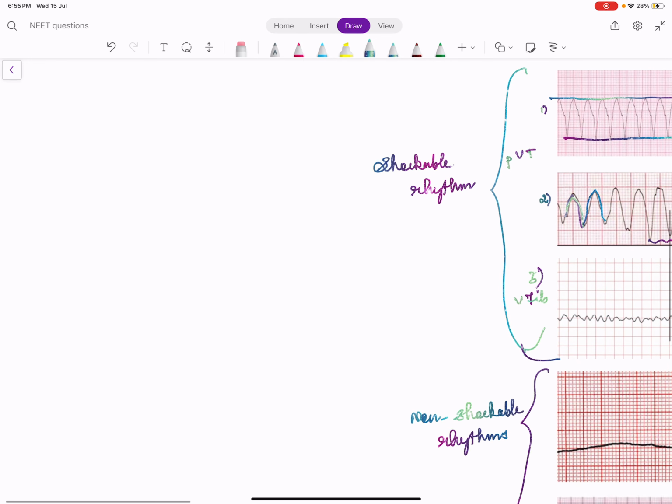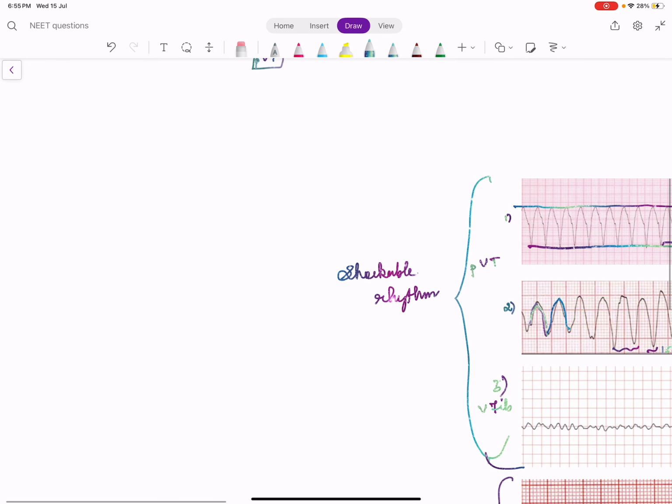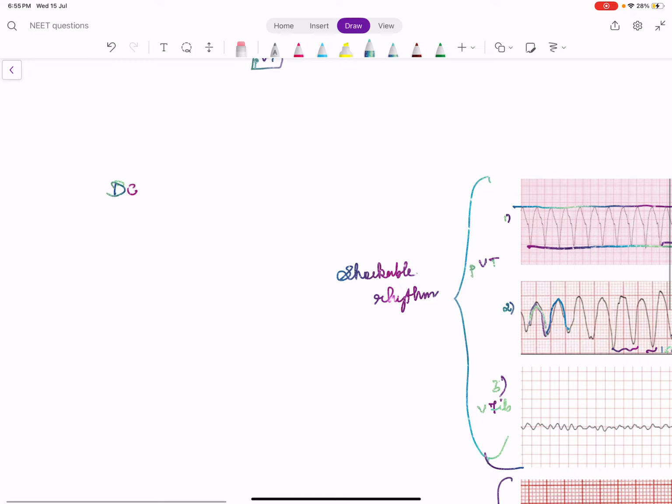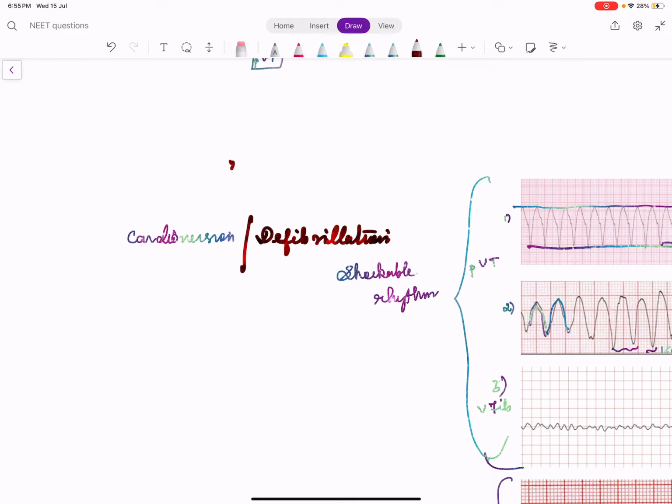Now, when knowing about the term shock, please remember, in your questions you may get confused between DC shock, that is DC cardioversion, or simply the term cardioversion, whereas another term is defibrillation. There's a device, right?